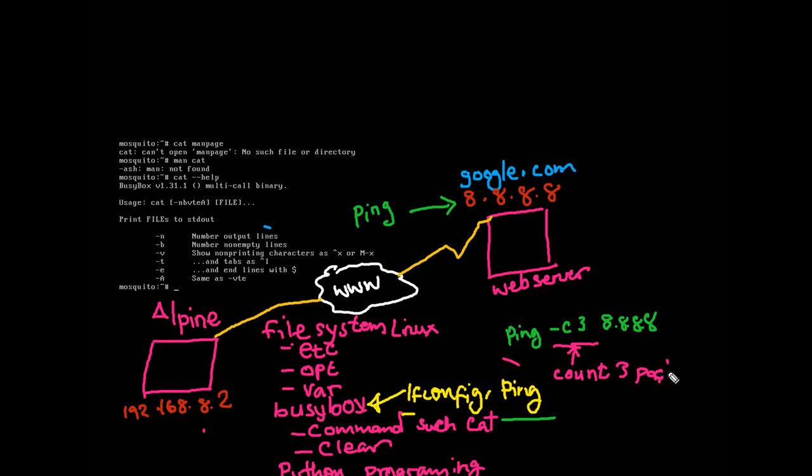So I want to send 3 packets to 8.8.8.8. Here where the cursor is blinking, it means we could write this instruction and BusyBox will be able to use ping to send it. At the same time, we can use ifconfig to know what IP address we are actually using. So with that, let's type these 2 commands.